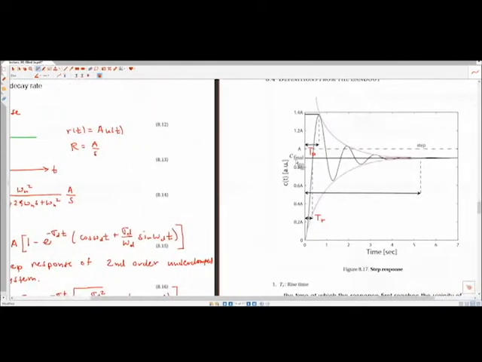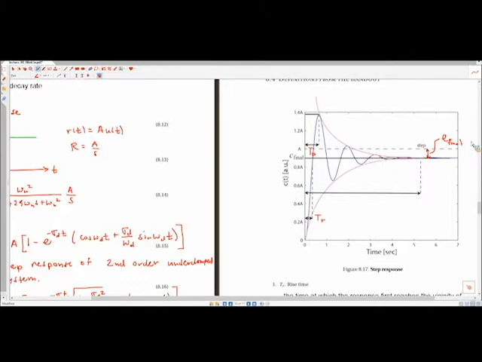Okay, so this is again kind of a loose term that is not very specific, but in general, in this class we'll be talking about 2% settling time. So this would be the time after which the response will stay within 2% of this new C final.